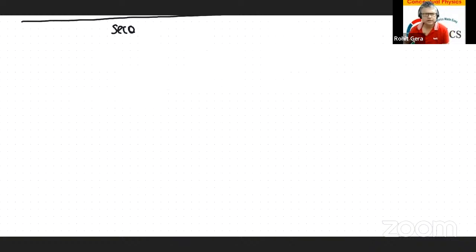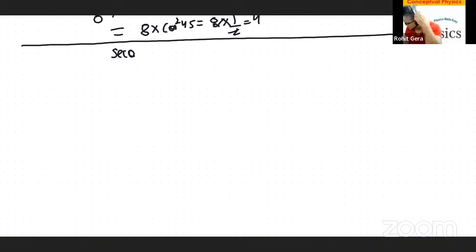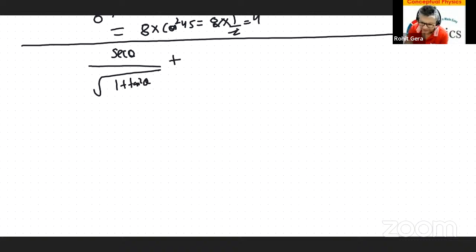Okay, so sec theta upon under root of 1 plus tan square theta, plus cosecant theta divided by under root of 1 plus cot square theta.